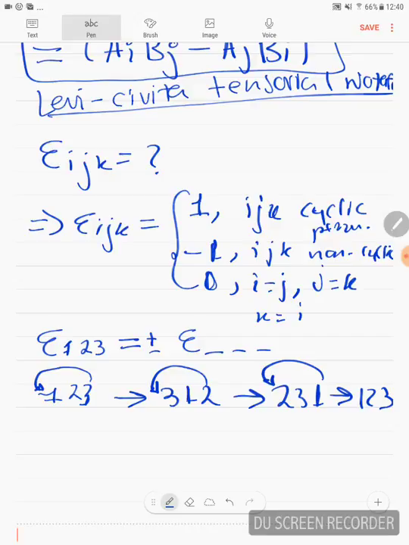So you arrive at the same sequence that you started with. So a cyclic permutation you can see as going from 1 to 2, from 2 to 3, and 3 to 1.